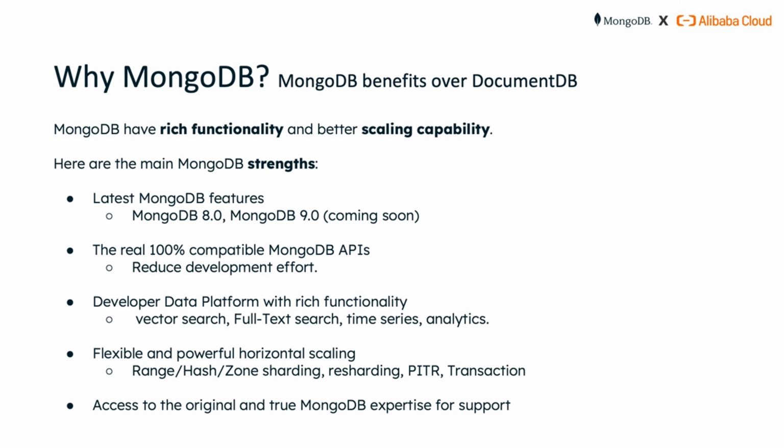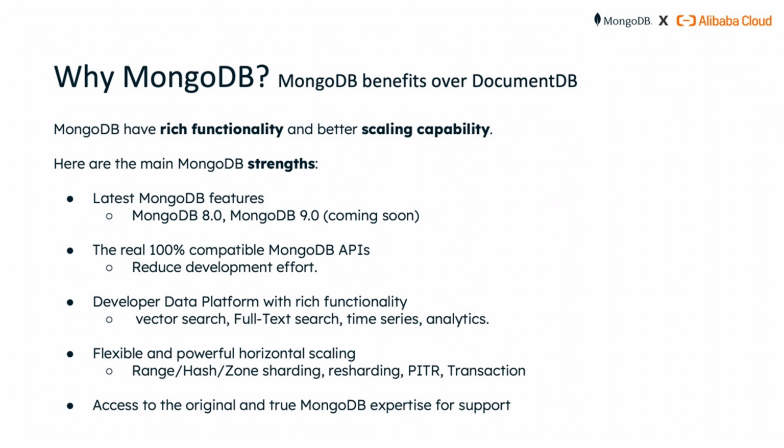The next page is why choose MongoDB. There are a few benefits in rich functionality and better scaling capability. So let's break down each of these strengths. First, latest MongoDB features. You can use the latest MongoDB features, and every new version brings new powerful features and major performance enhancements.